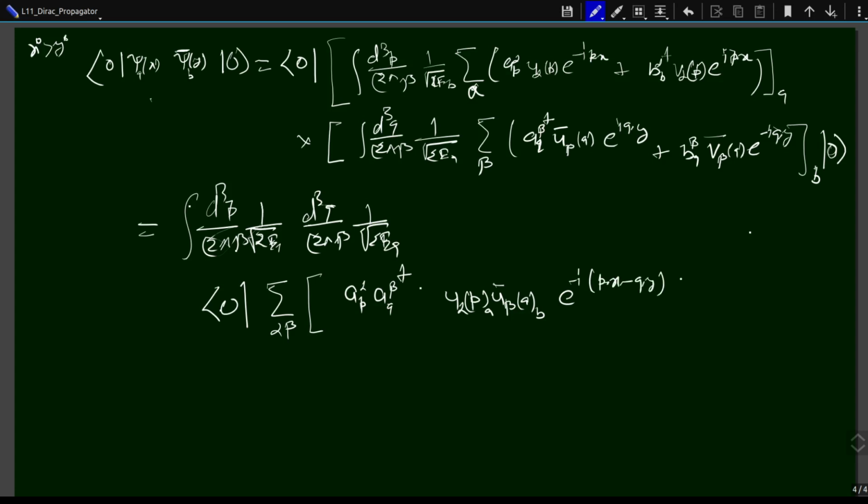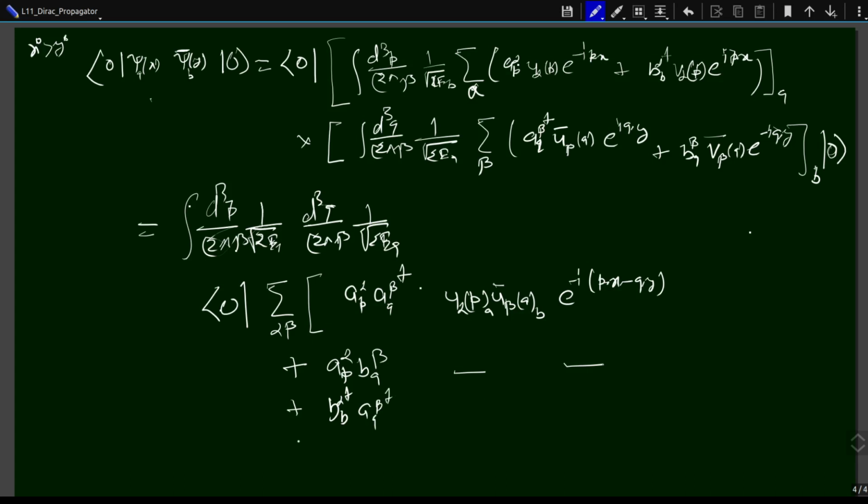Okay, and then I have terms like a from here, a p alpha, and then I have b q beta. I'm not even going to write these two terms, plus b alpha dagger a q beta dagger.